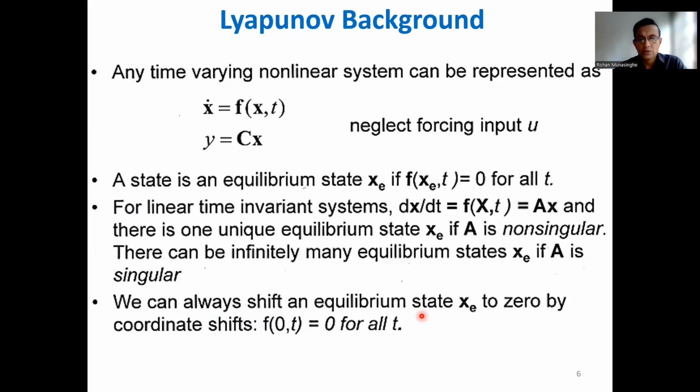So all of the variables are zero. In controls, we often do this; we call it coordinate transformation. With respect to that point, we check the perturbation, the deflection around it. So for equilibrium state x_E, you can write the function as f of 0 and t equals 0. Time goes on, but the state doesn't change, 0 for all t.